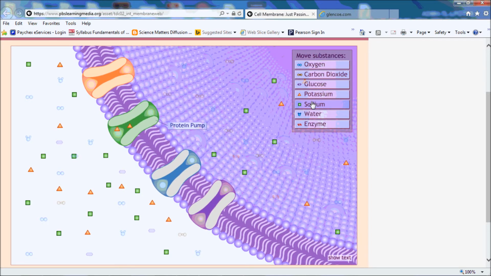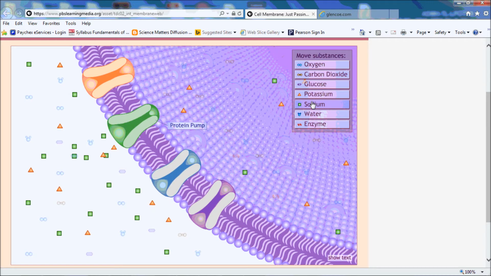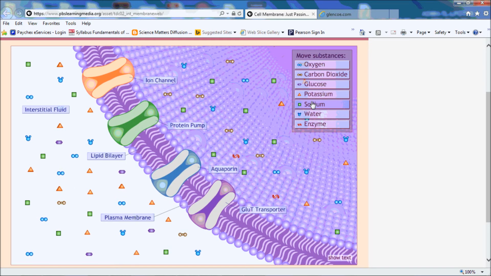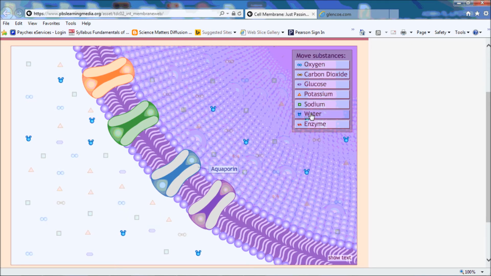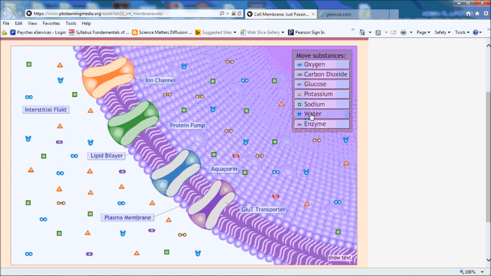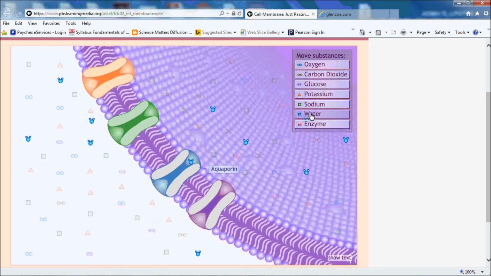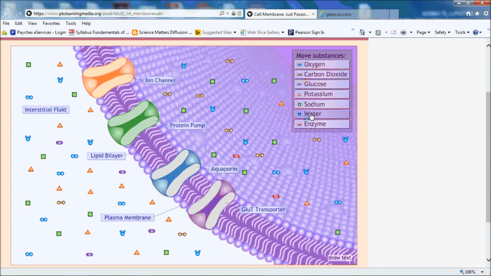Sodium, it's moving, so again, it needs energy to help those substances move in or out of the cell. Now, since it's using energy, that is active transport. Water, and of course this is always osmosis. The cell isn't doing anything extra, so that would be a type of passive transport.